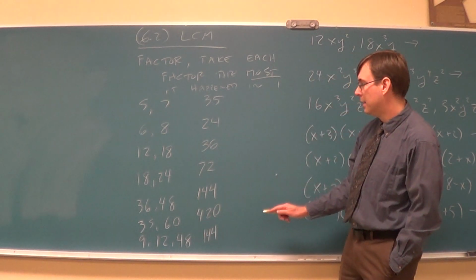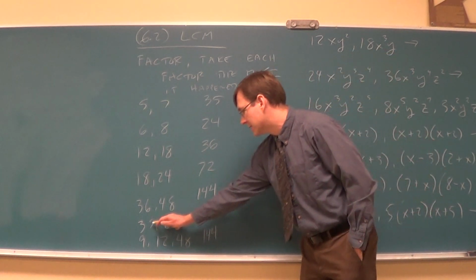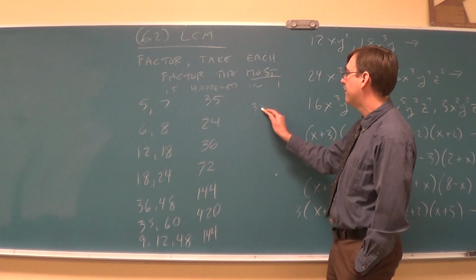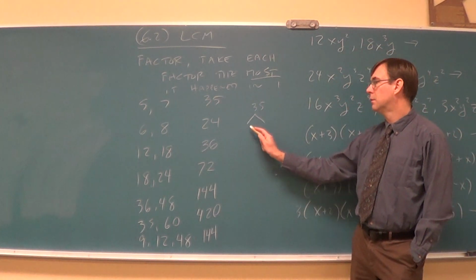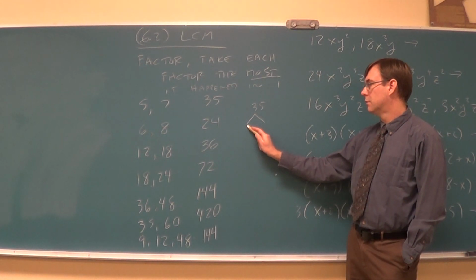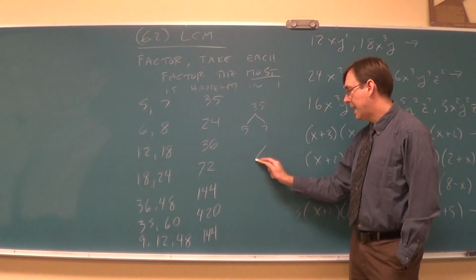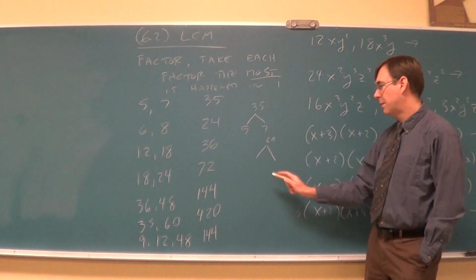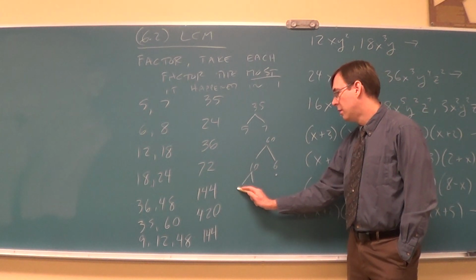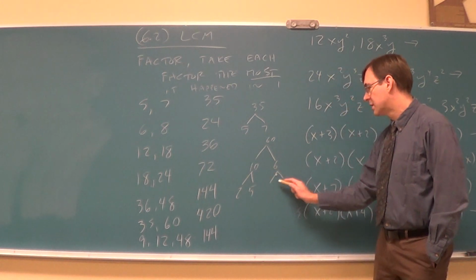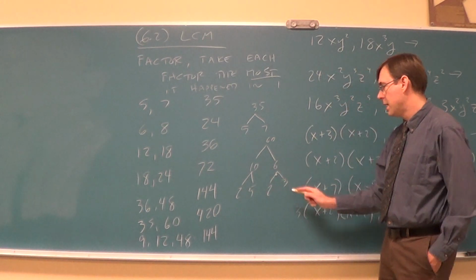That's not too bad. But what they have in mind is this: take something like 35, and when I say factor it, I mean do this. 7 and 5. We take 60, and we do something like this. 10 and 6, but 10 breaks down into 2 and 5. This breaks down into 2 and 3.